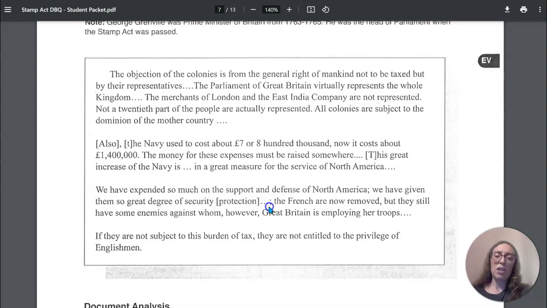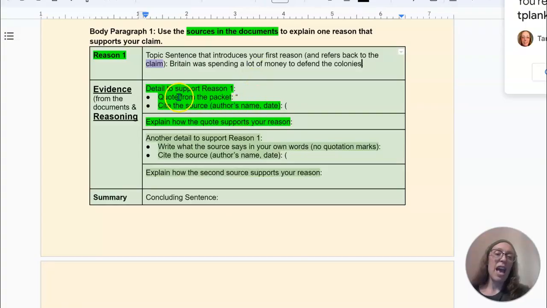If I could, I would just copy and paste it directly from the text. For some reason, I can't copy from my PDF file today. You might be able to copy and paste on your iPad if you have part of it on PDF. However you get it, let's get it put in here. And we want to quote it, which means it's going to be the exact same words from the document.